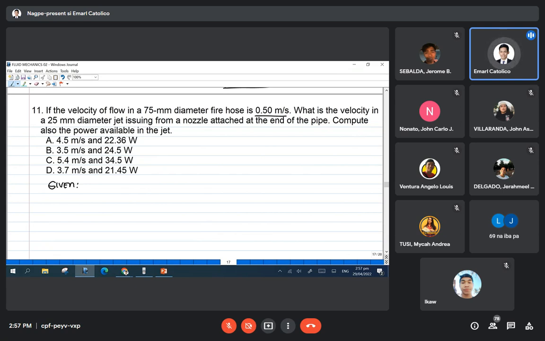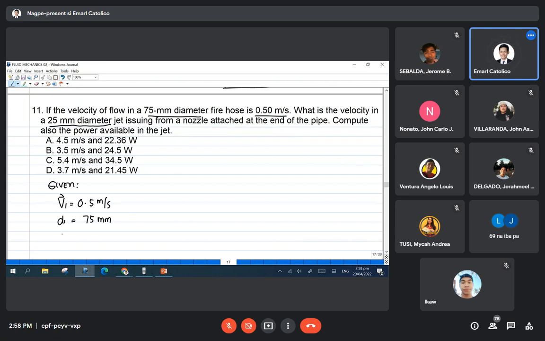So 0.5 meters per second, yan yung ating V1. Diameter 1 natin is 75 millimeters. Okay. What is the velocity in a 25 millimeter diameter jet?